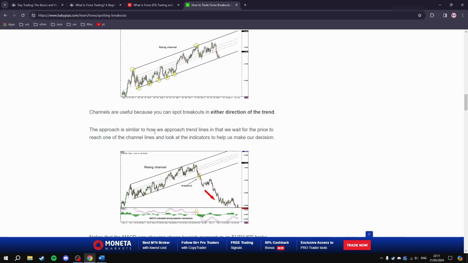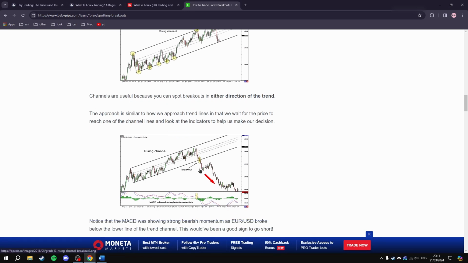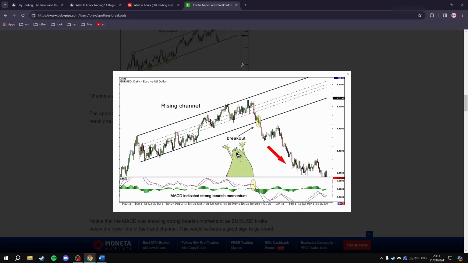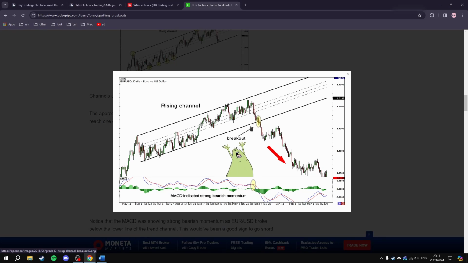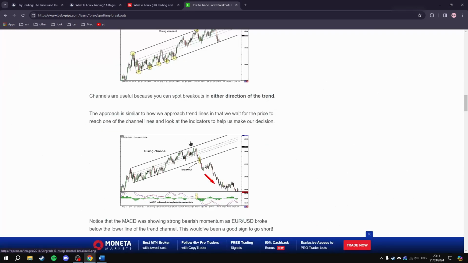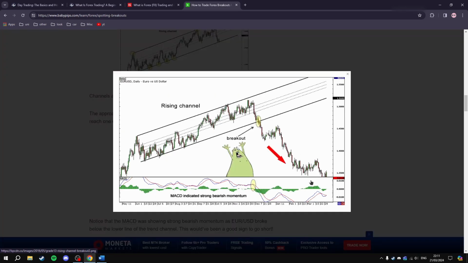The approach is similar to how we approach trend lines in that we wait for the price to reach one of the channel lines and look for the indicators to help us make our decision. So we've got the same one over here. It breaks through the bottom or the lower channel line. So it's currently in an uptrend, but as soon as it broke through, it went into a downtrend.